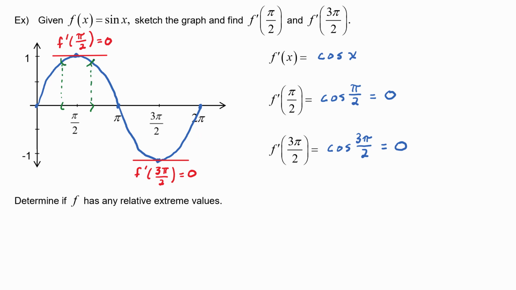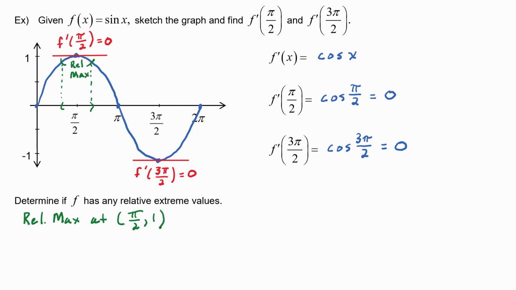And if we look at that open interval on the graph, y equals 1 is the biggest y value there. So that means this is a relative max. So we can say that f has a relative max at the point pi over 2, 1.